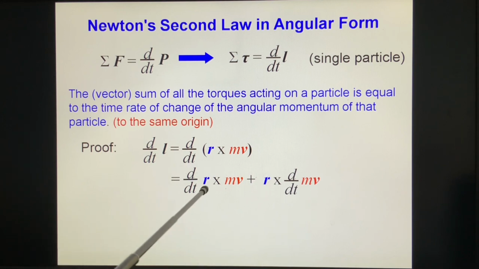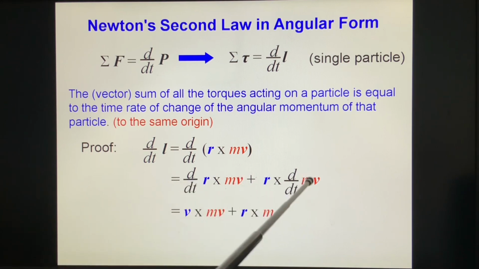And dr dt is v, so we get v cross mv. And m is constant, take it out. dv dt is a, so this is m a. And we know v cross v is 0 because the angle is 0, sine 0 is 0. And this is sigma F.